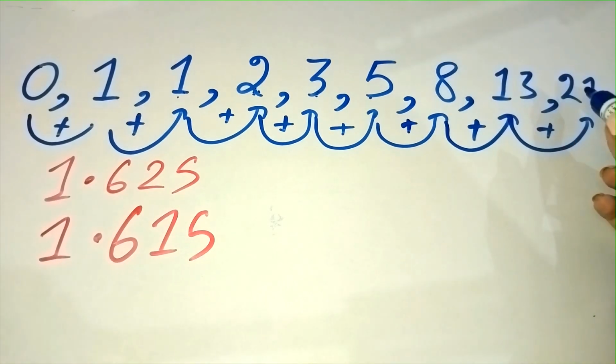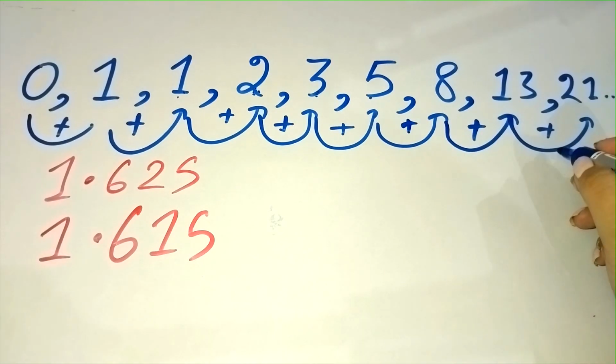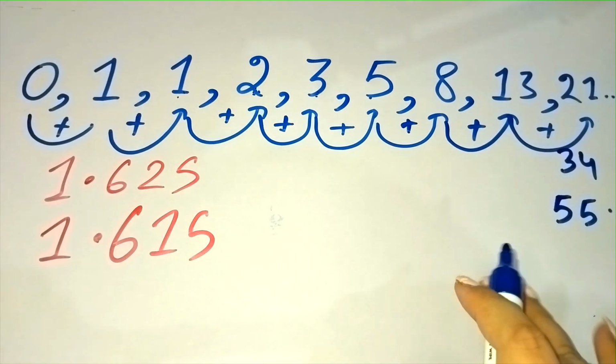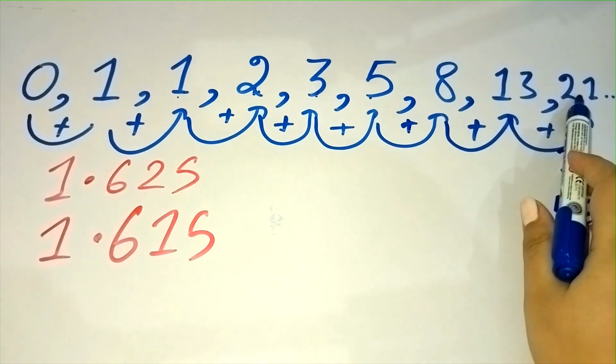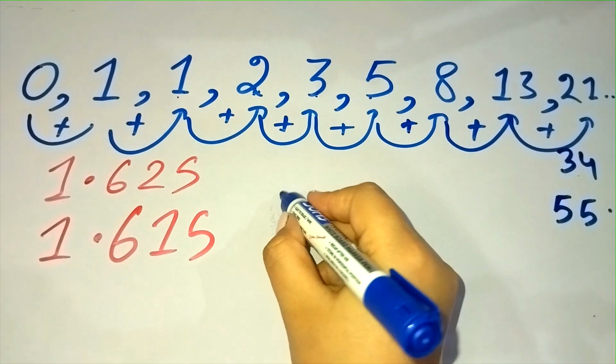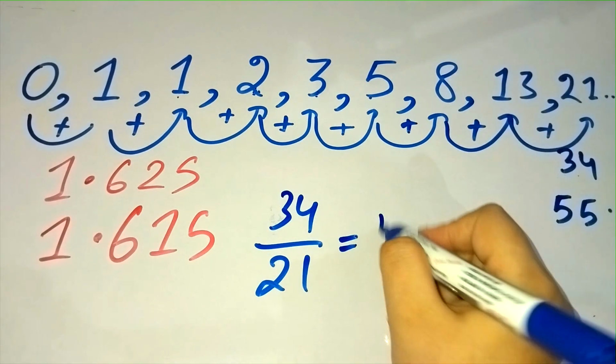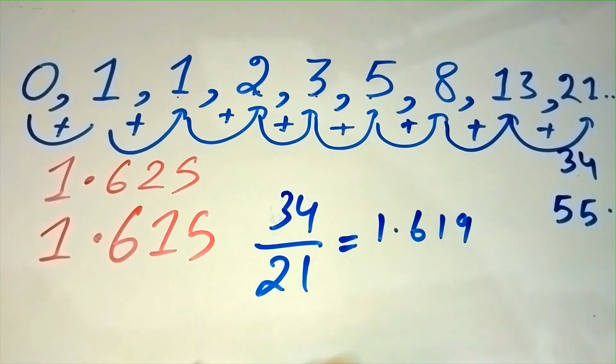After 21, the next Fibonacci number is 34. And after 34, when we add 34 with 21, the next Fibonacci number is 55. So now we'll divide 34 by 21, and we get 1.619.